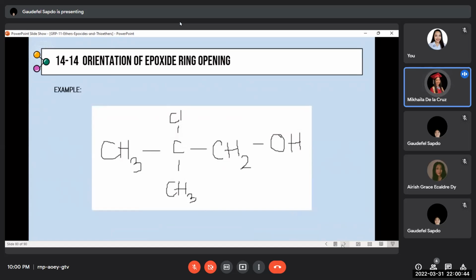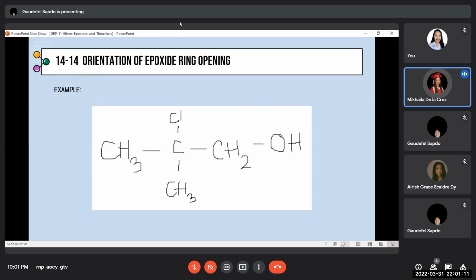So always remember that in acid catalyzed epoxide opening, when a secondary and a primary site are present, the reactant attacks the less hindered one, the primary. But when a tertiary is present, the reactant attacks the tertiary.